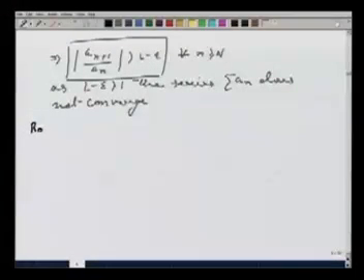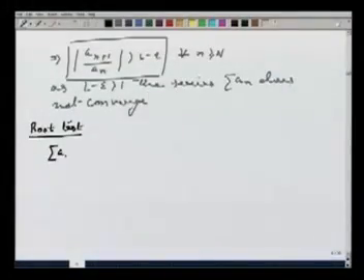Okay. Now the next test we are going to deal with is called the root test. This is also a consequence of the comparison test, but here the comparison is being made with the geometric series.